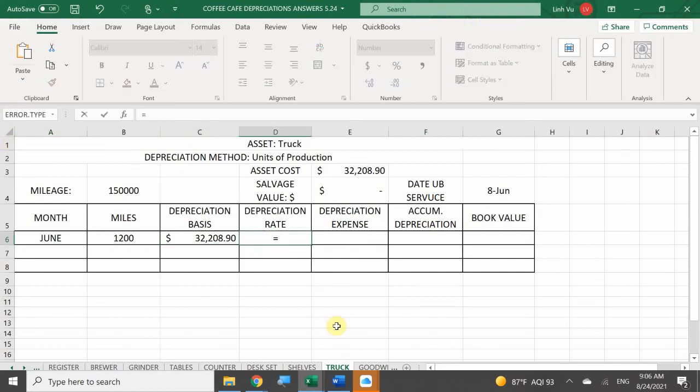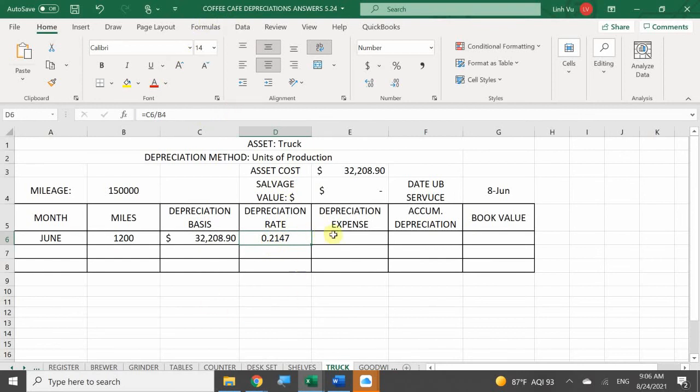I got the 32,208.90 divided by the 150,000 miles. Good. It came to 0.214726. Good. That means it's going to cost me 21.47 cents for every mile that I drive.